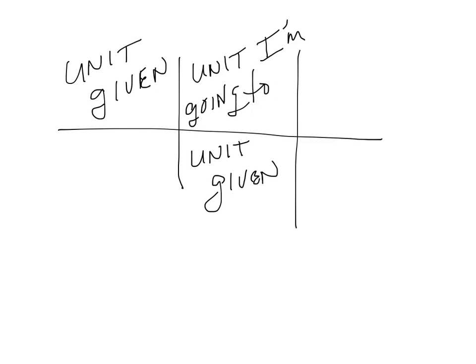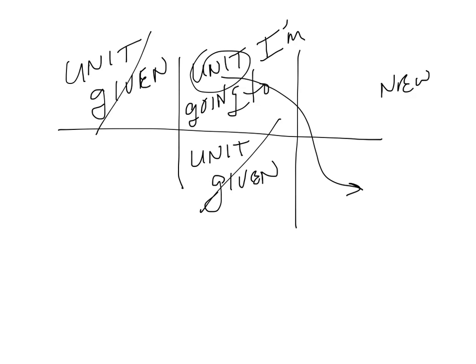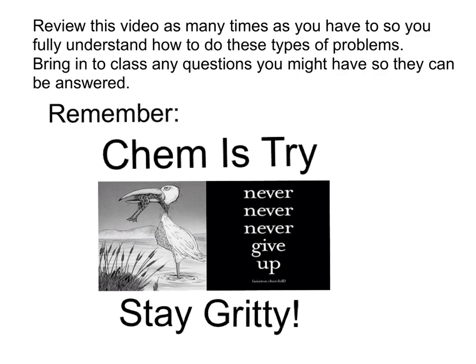Now if I only have to take one step, which I remember from my chart, then I would be done here. But if not, then I would take this unit and put it down here and put my new unit up here. And I just keep repeating this process until I get to where I want to go.